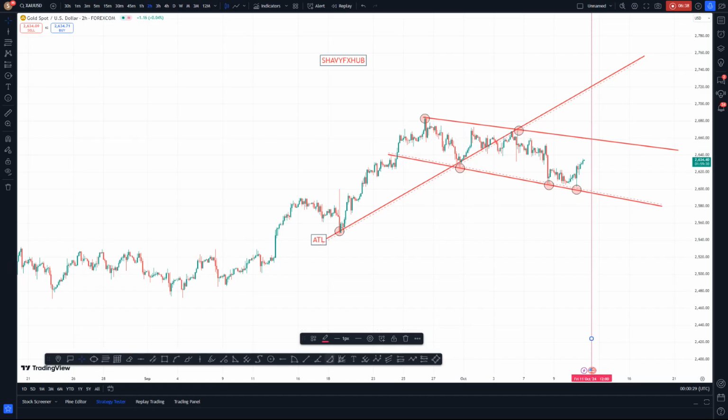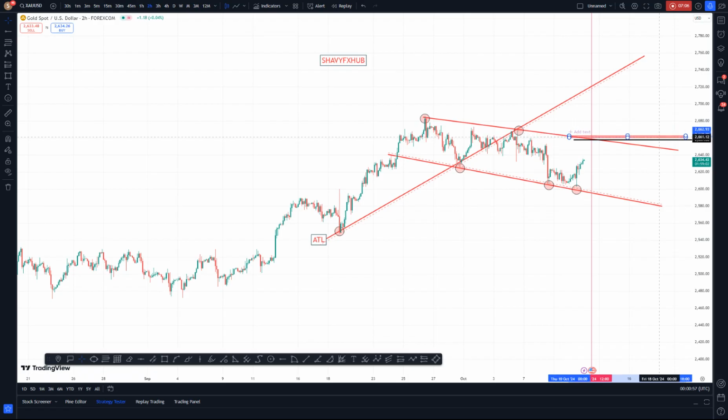2,658 for a sell. So if we return here, 2,657.86, that will be a sell. So set your sell order for the New York session drop, based on the structure of the market.